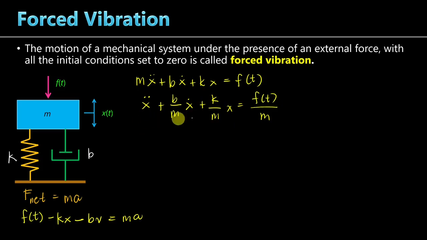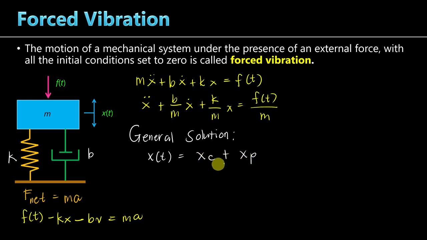Diba? So, since ang nakuha nating differential equation ay non-homogeneous, yung makukuha nating general solution ng differential equation na ito na nagre-represent sa x, di ba? X of t ay sum ng dalawang parts. Una, yung xc, complementary function, at pangalawa, yung xp.